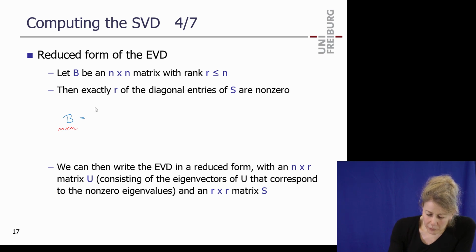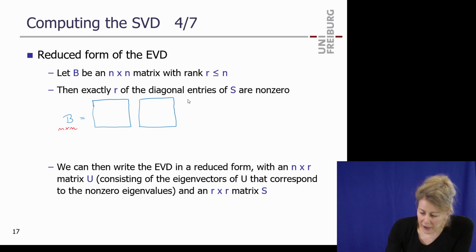And let's assume, so this I can write as, let me write, so I have a U, I have an S, and I have the U transpose. So this is my U, this is my S, and this is my U transpose, and they are N times N, and this is N times N, and this is N times N. So that's quite simple.